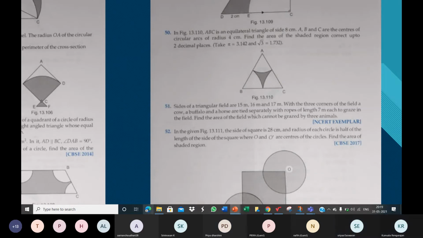All right, what about the area of the three sectors? 77 meters. Okay, so in the exam, you will be given the value of root 21. Then you'll have to multiply 24 and the value of root 21, and the difference will give us the area that cannot be grazed by the three horses.